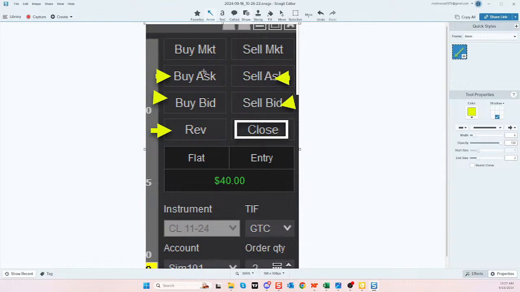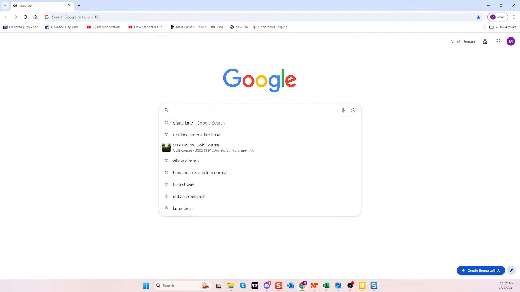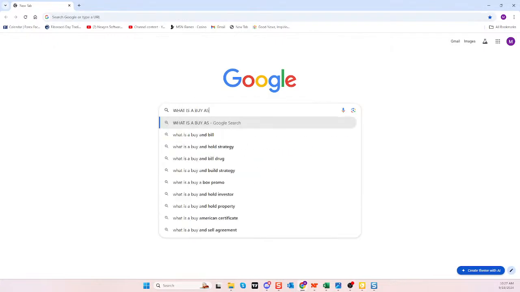And this is one of the things where simplicity wins. I couldn't even tell you what a buy bid is. I've never had to use it in 5 years, or a buy ask. There are people that know, and you can Google it. What is a buy ask?